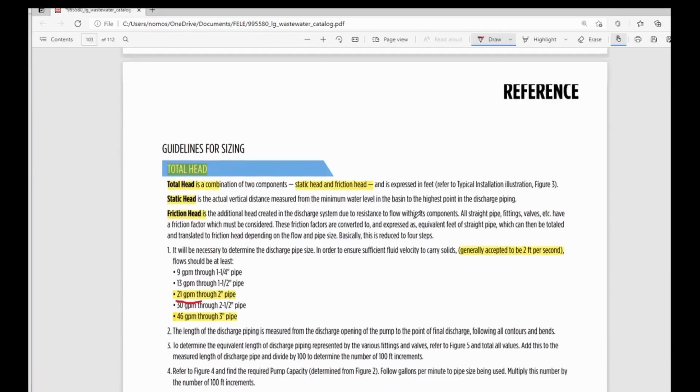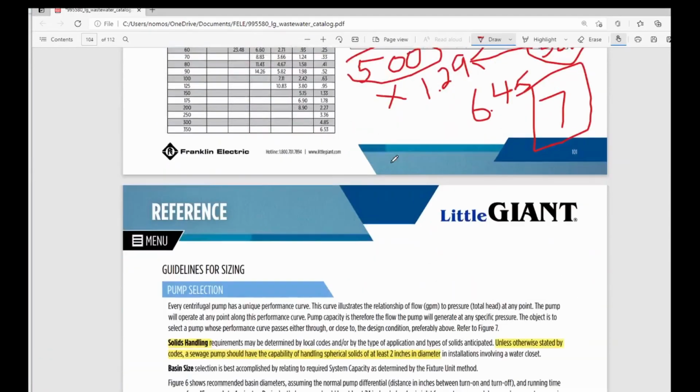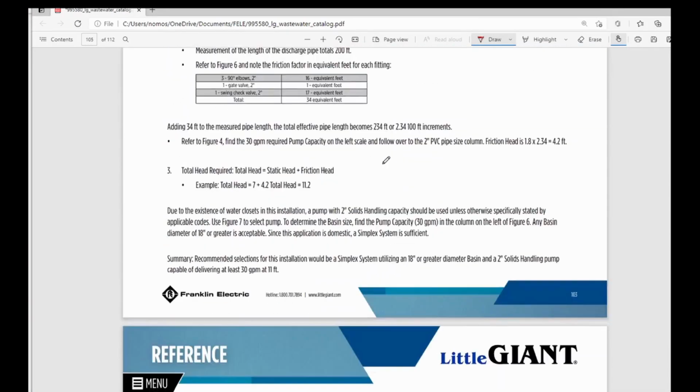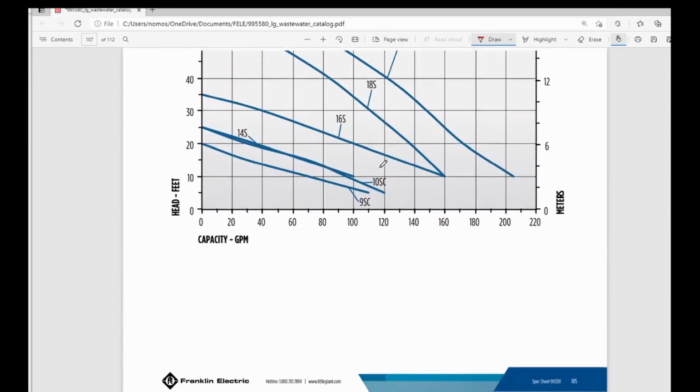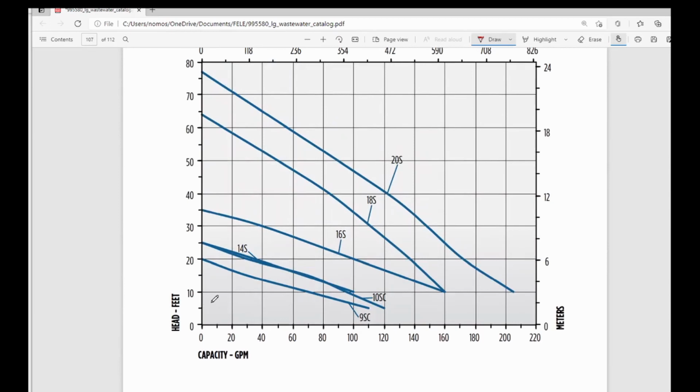Now that I've messed up my pages here. Now there is a little chart at the bottom of this. And we could use this to quickly find 17 feet of head, 21 gallons a minute. It looks like my 9SC pump is right on the borderline there.